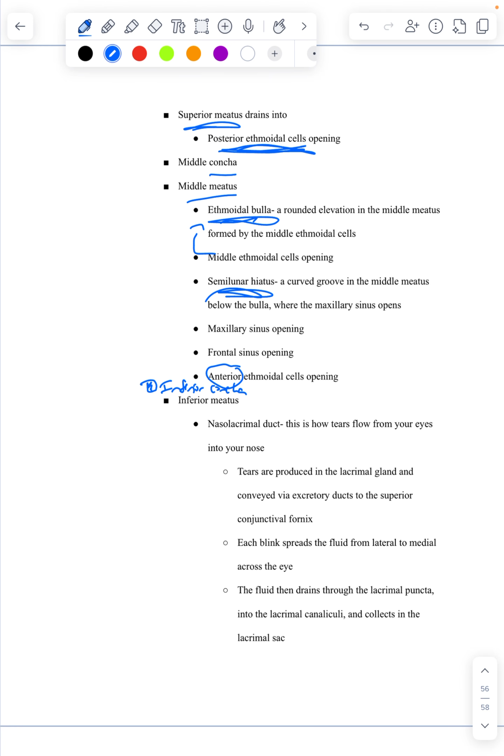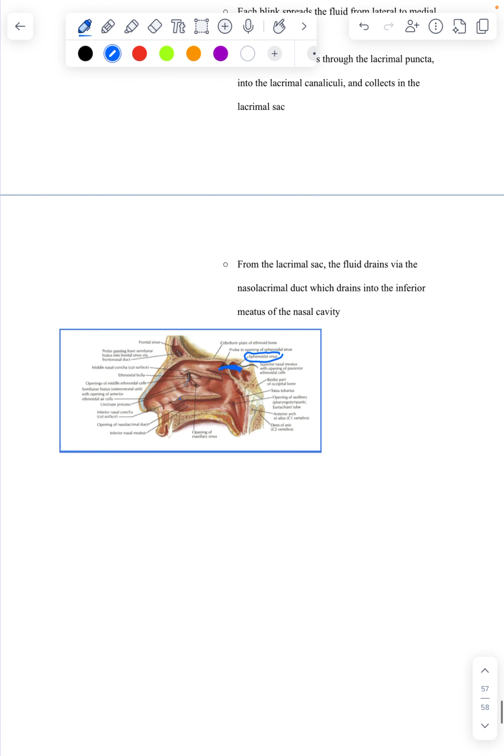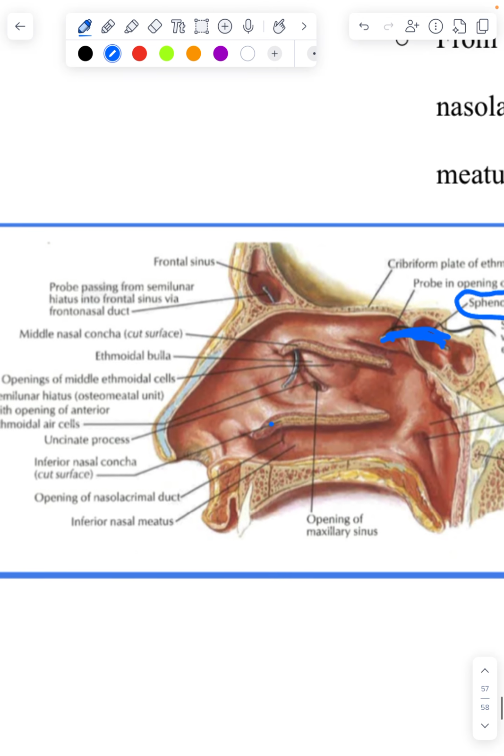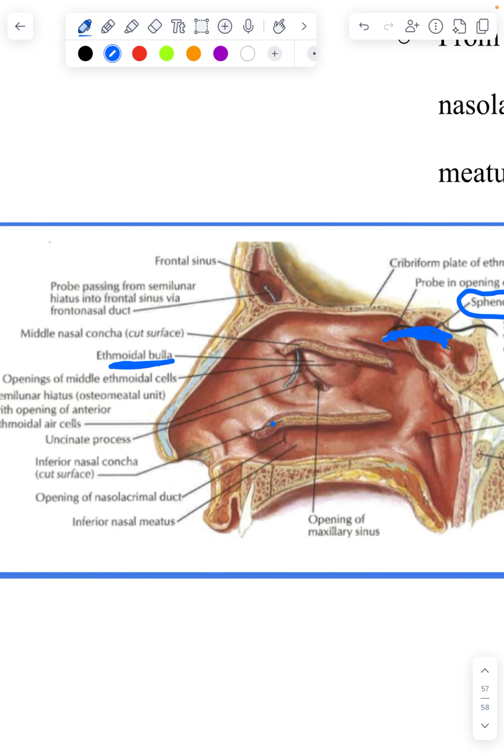So if you're going structure-wise from most anterior to posterior, you have this bulge is your ethmoid bulla, which is right here. Above here is your superior meatus. And then this thing is your semilunar hiatus, because it looks like a moon. So anterior to posterior, it goes semilunar hiatus, ethmoid bulla, and superior meatus.